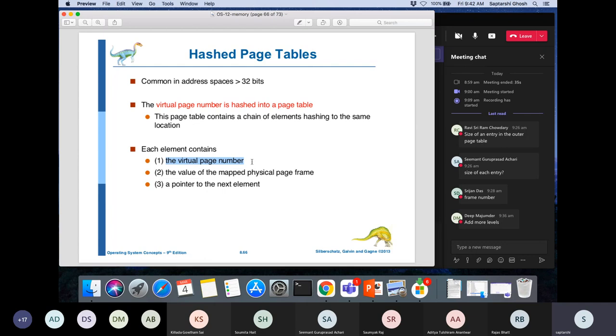Why did we not need to store this earlier, and why do we have to store it now? Any answers?